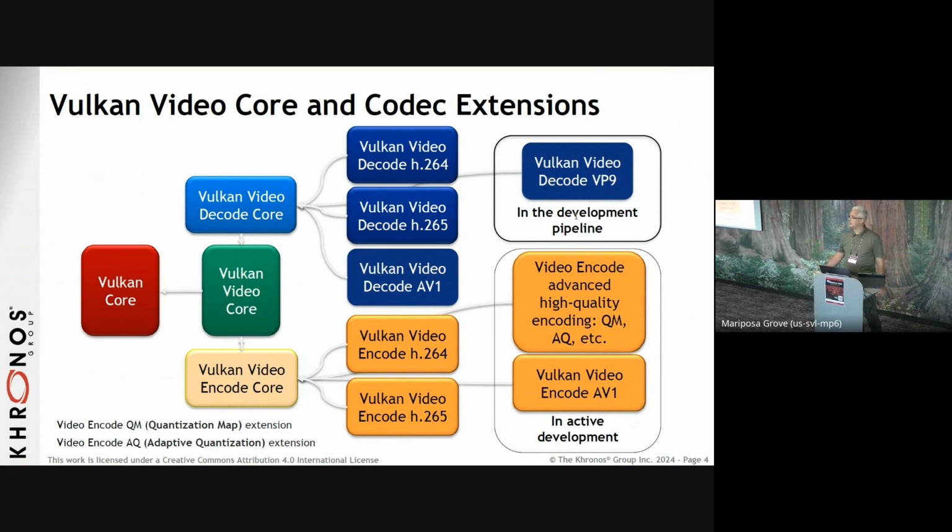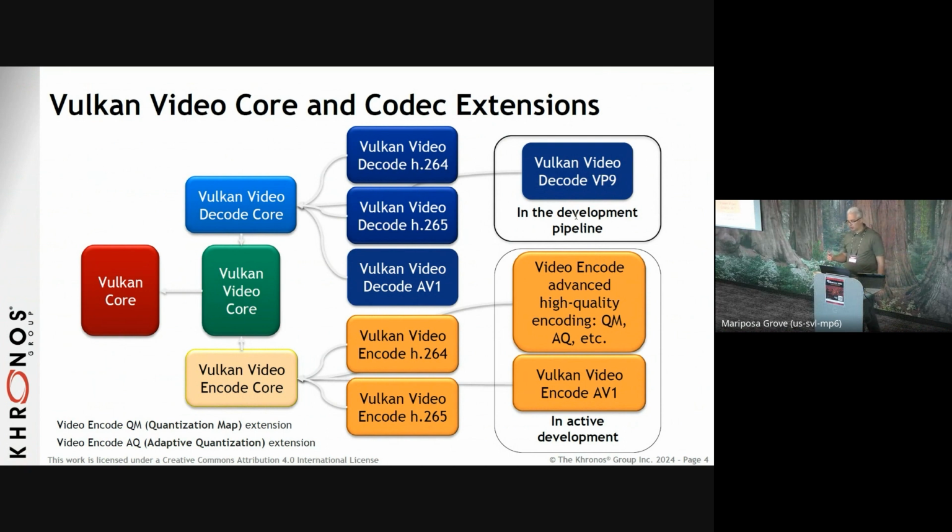Also, at the beginning of this month, we officially released the Vulkan video decode AV1 spec, and we also have implementations for those. What we're currently focusing on is Vulkan video encode AV1. We hope to be done, if not by third quarter then by the end of the year, with the spec as well as some of the implementations.